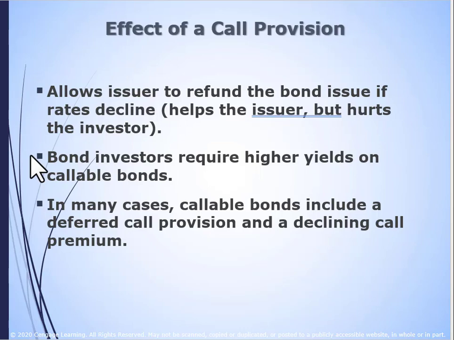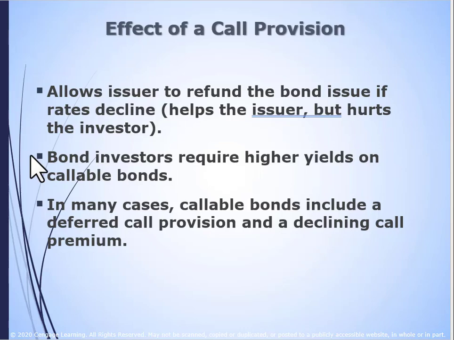And of course, this is not to the investor's advantage, because when interest rates are falling, if you need to refinance the money that you get from the call, you're going to get lower cash flows. So bond investors, because this is not a desirable quality, I guess, require higher returns. So they pay higher returns than non-callable bonds.